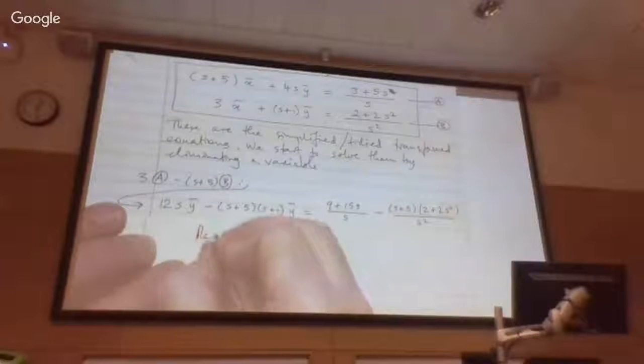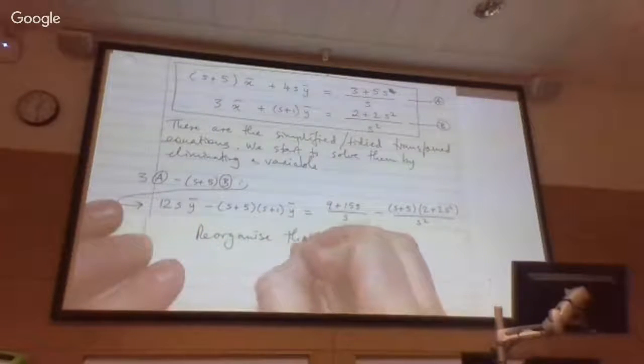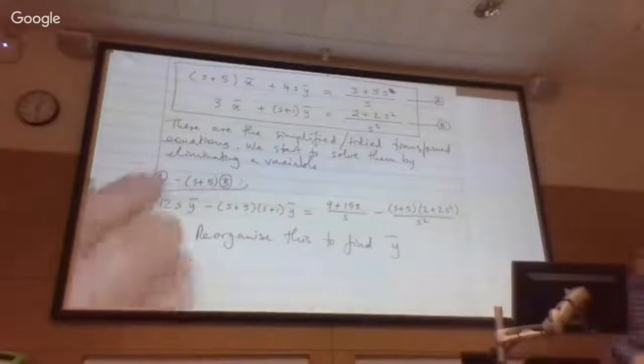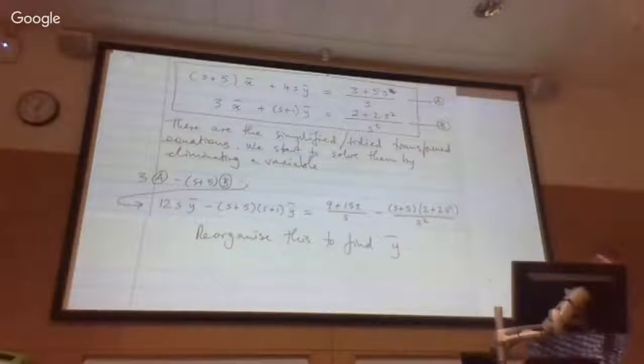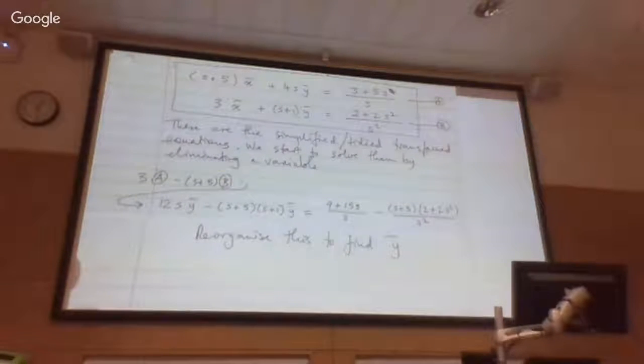So we reorganize this to find y bar. How might we do that? Well, on the left-hand side, multiplying y bar, we've just got a quadratic.